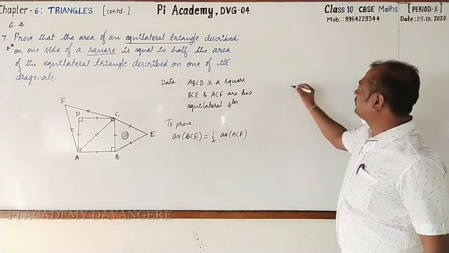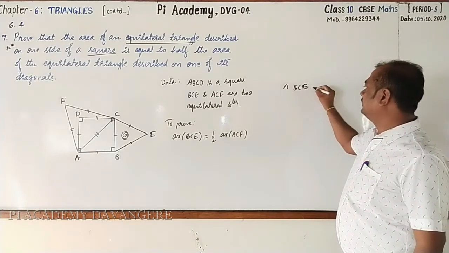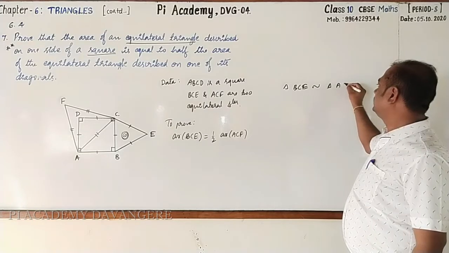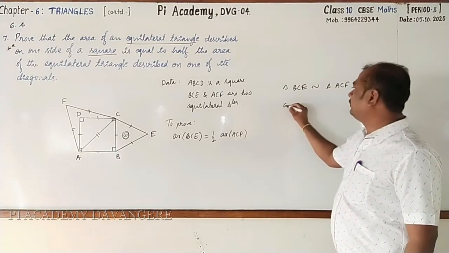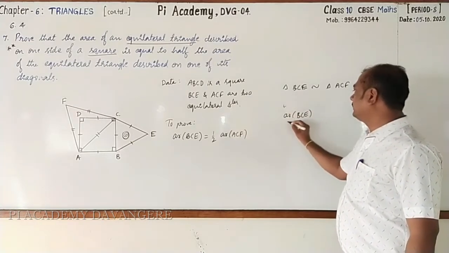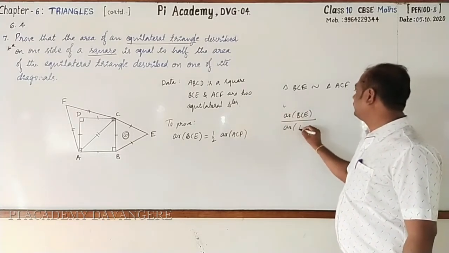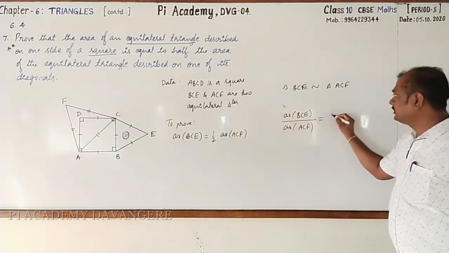Look here, we can write triangle BCE is similar to triangle ACF because they are equilateral triangles. Then we can write area of BCE by area of ACF is equal to, how do you write?